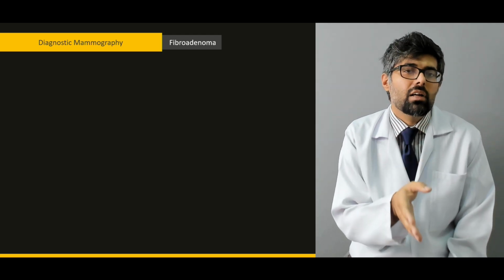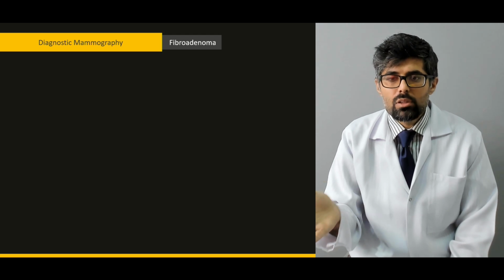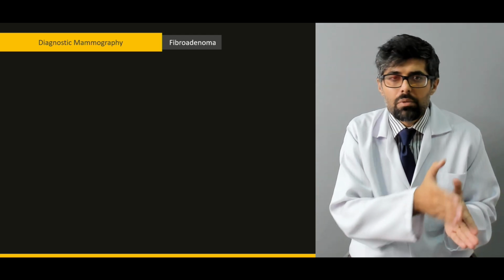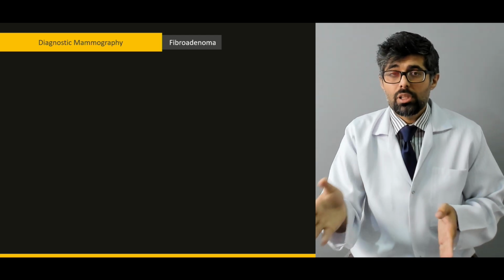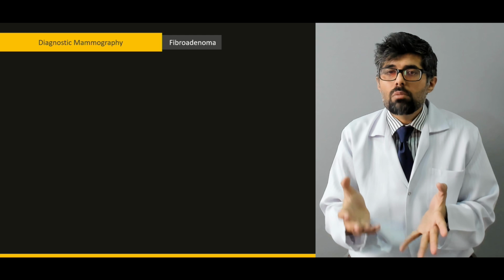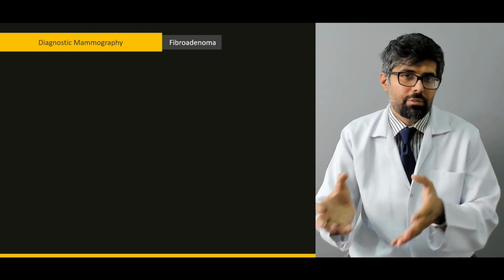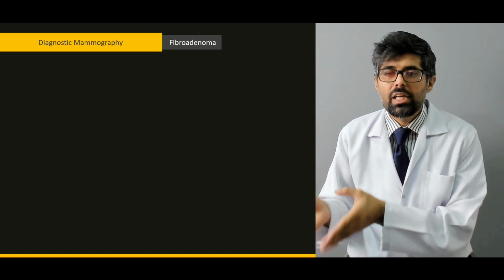Only that area can be examined. So if we can examine it slowly, slice by slice, with the probe using the ultrasound machine, we can be sure of what kind of mass or density it is.